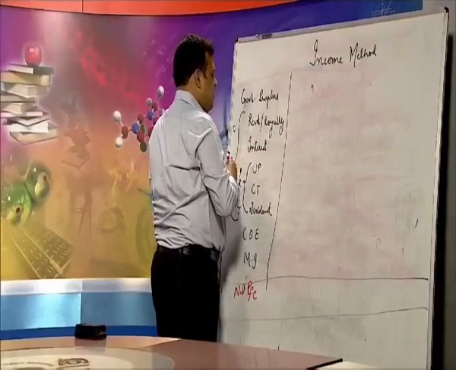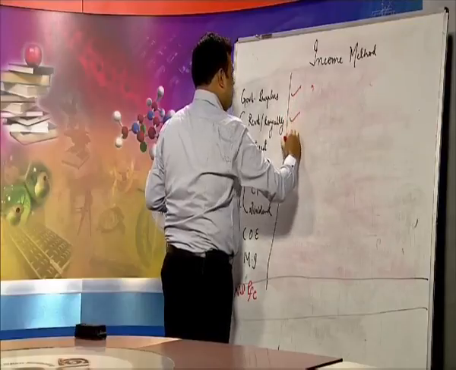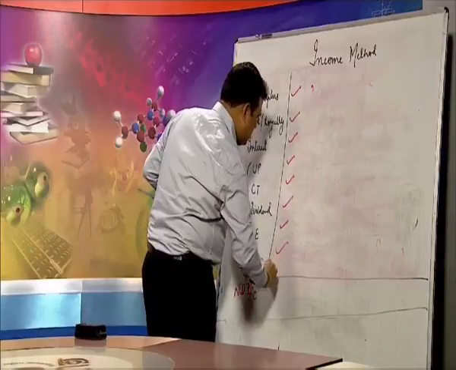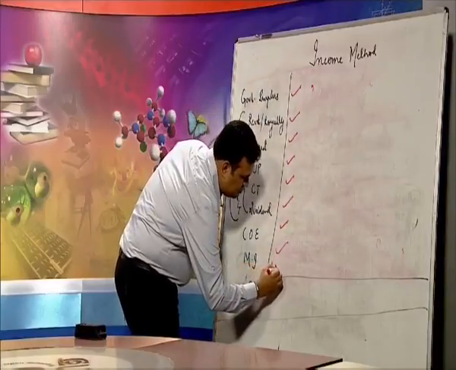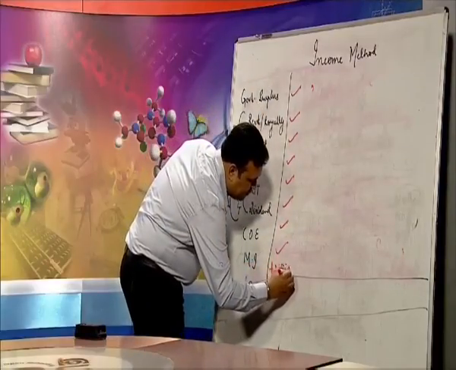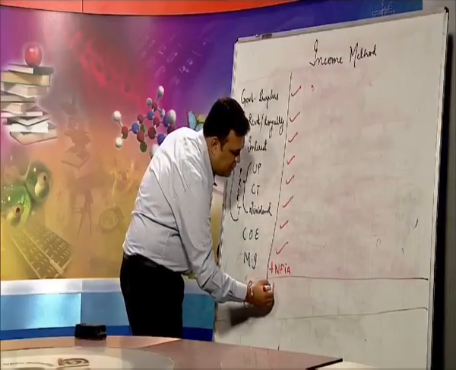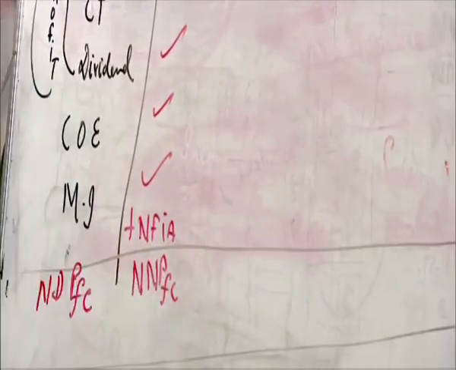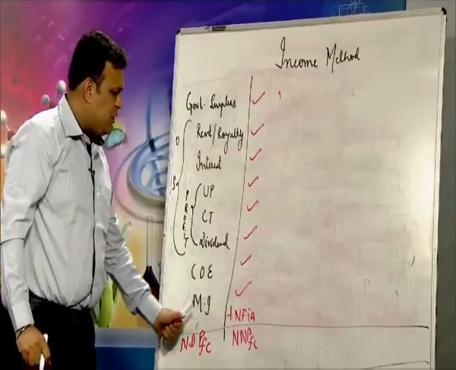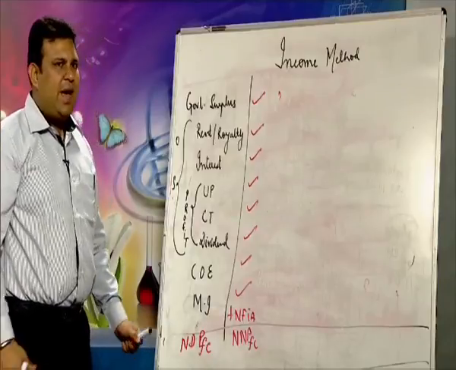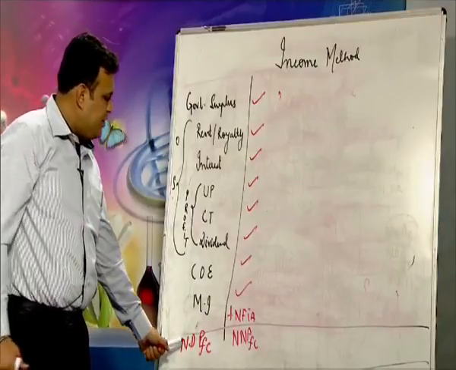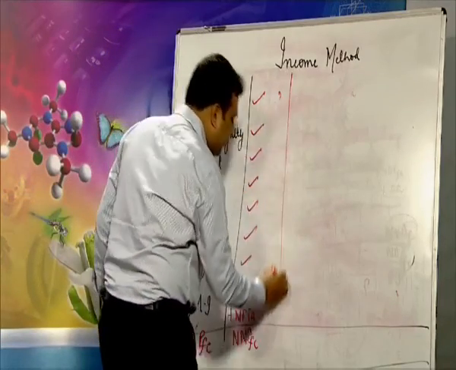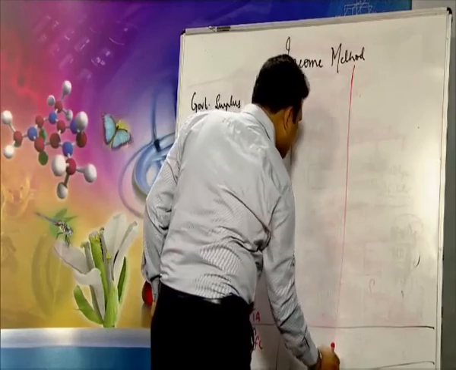Now, in domestic income, if I add NFIA, it becomes national income, NNP at FC. I hope this is clear to you. Domestic income and national income, this is same as we did in the beginning, that domestic plus NFIA is your national income. Now, here in this method, we have two more things.